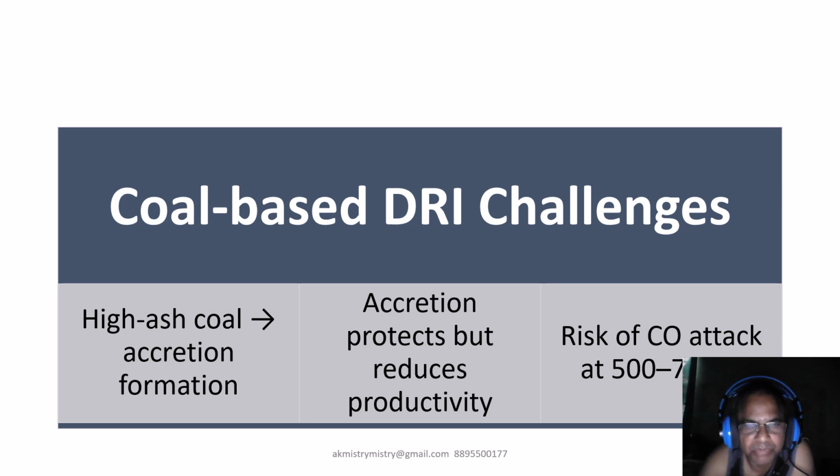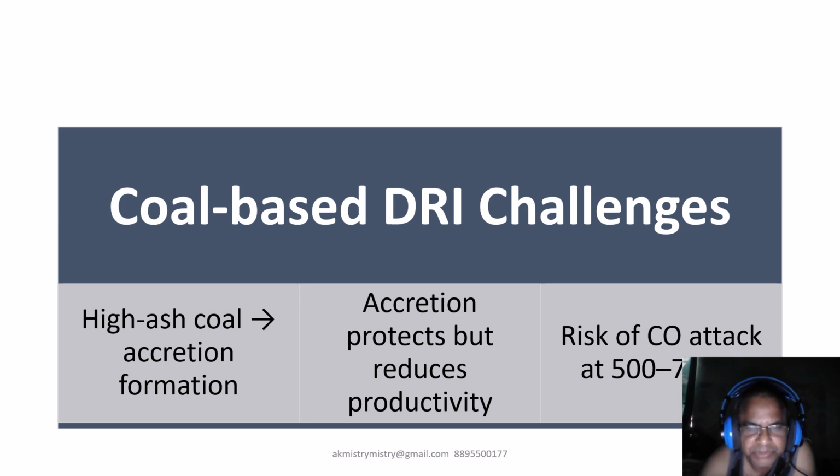Now, what are the challenges in coal-based DRI? As we can see, coal-based DRI is based primarily on coal, and the ash of the coal creates a lot of accretion formation inside the kiln.